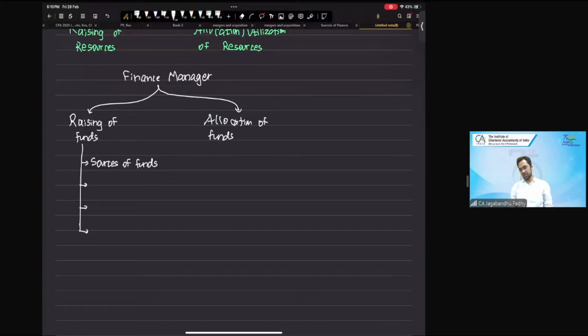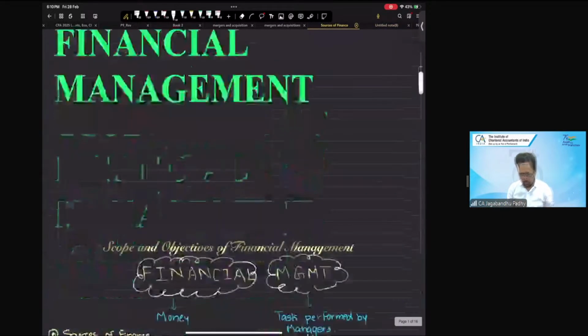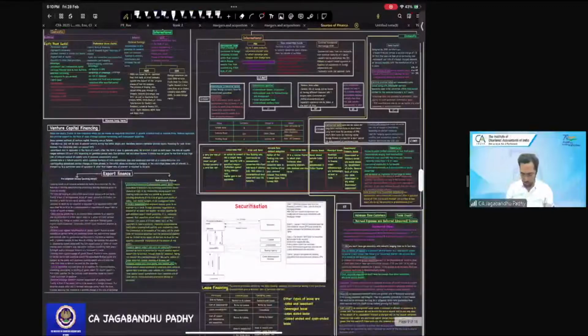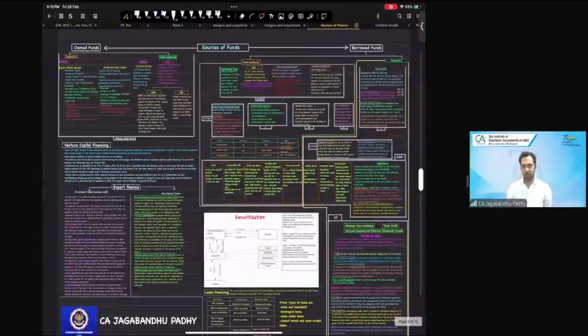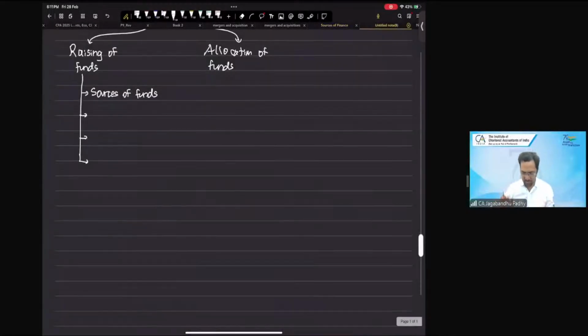We're going to discuss a variety of sources of funds. For that, I have prepared a very beautiful diagram, which I'll definitely be sharing with you on the viewers portal. So you can see this particular diagram. I prepared it for you guys, using which you will be able to cover the entire chapter of sources of funds. Okay, don't worry, we'll be discussing that.